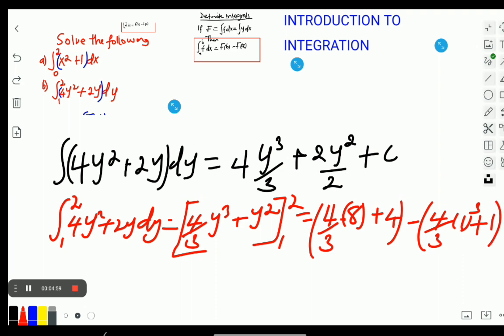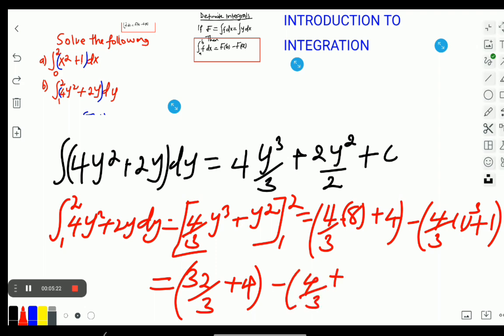What we shall get will be 4 times 8, which is 32 divided by 3, then plus 4, then minus 4 over 3, then plus 1.